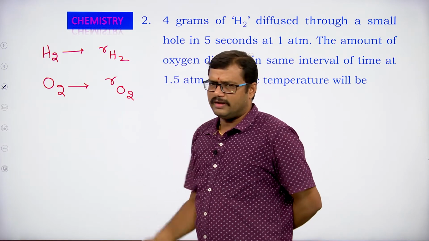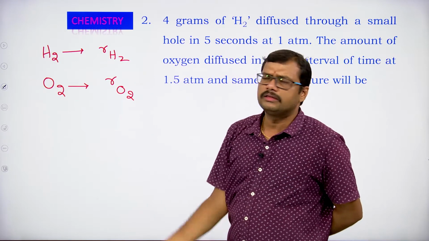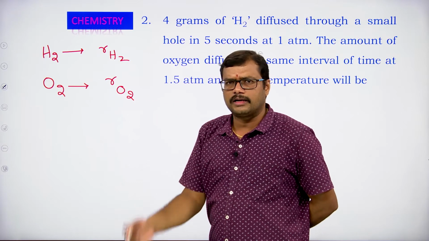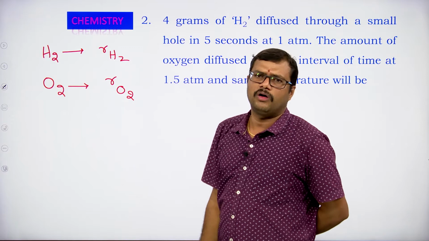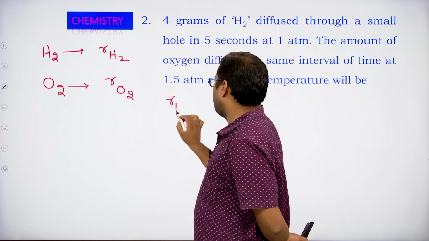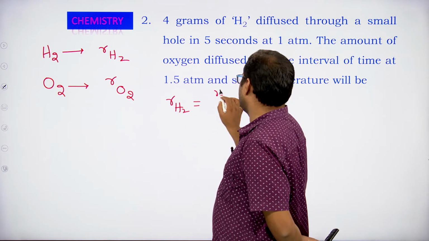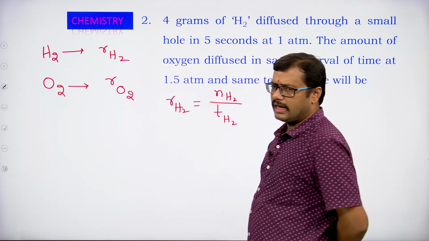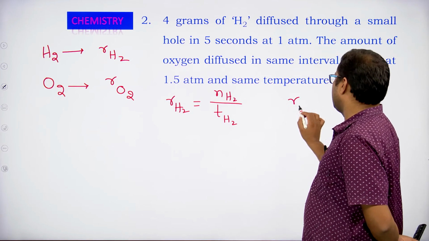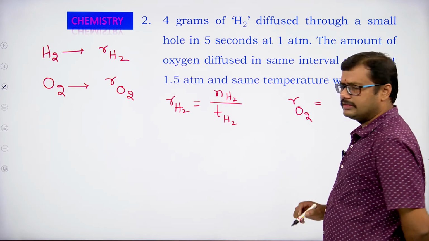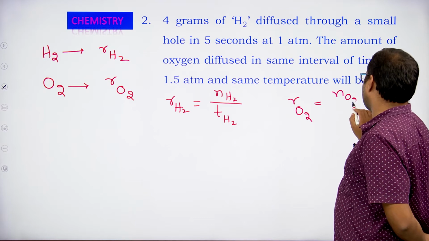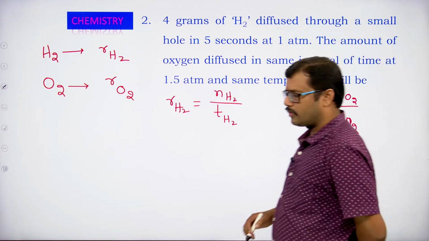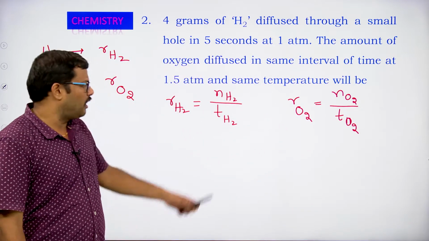The number of moles of hydrogen gas diffused in a given time is the rate of diffusion of hydrogen, and the number of moles of oxygen diffused in that time is the rate of diffusion of oxygen. So we can write RH2 as number of moles of hydrogen by time taken by the hydrogen gas to diffuse. Similarly, RO2, that is rate of diffusion of oxygen, equals number of moles of oxygen by time taken for oxygen to diffuse. So this is the formula we have to apply.